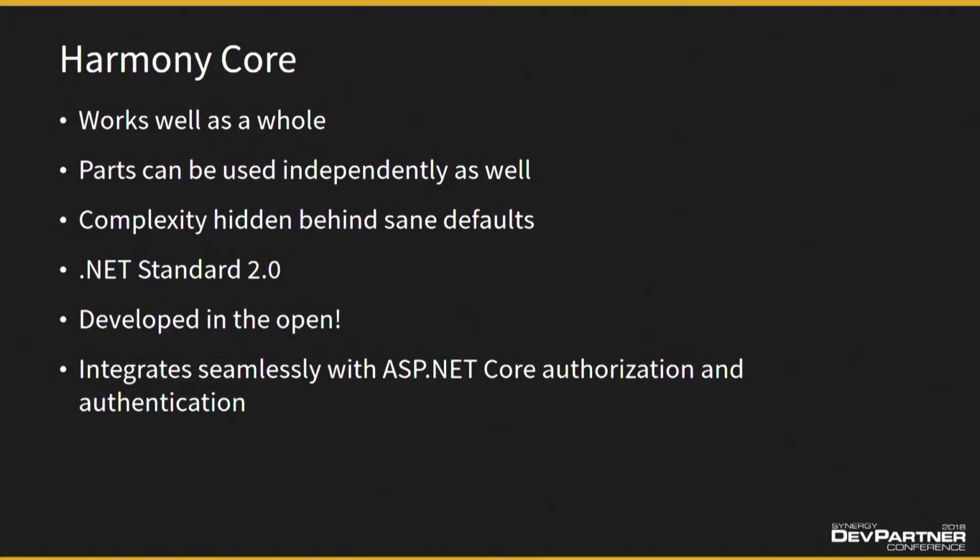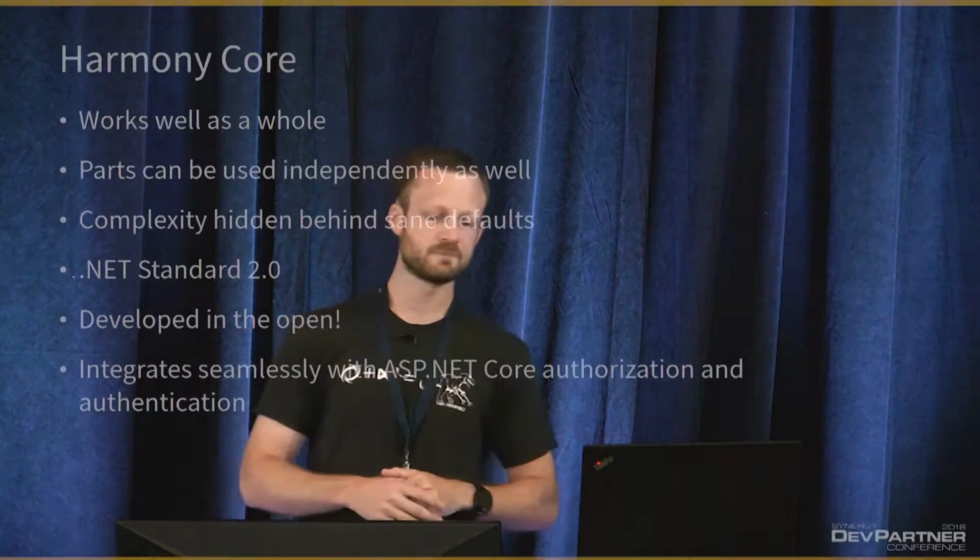Right, so all that stuff comes together, and it works together as a whole really well, but parts can also be used independently. So if, for example, you see the EF provider and you say, yeah, that sounds great. I want to use that, but I don't want to use OData. Fine, you can use that. It works by itself. You don't need to take the dependency on OData or ASP.NET Core at all. You can use these things completely independently of each other.